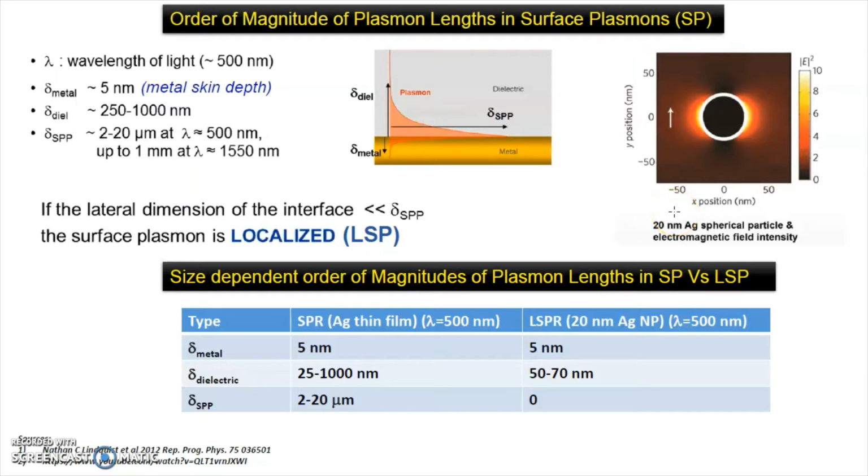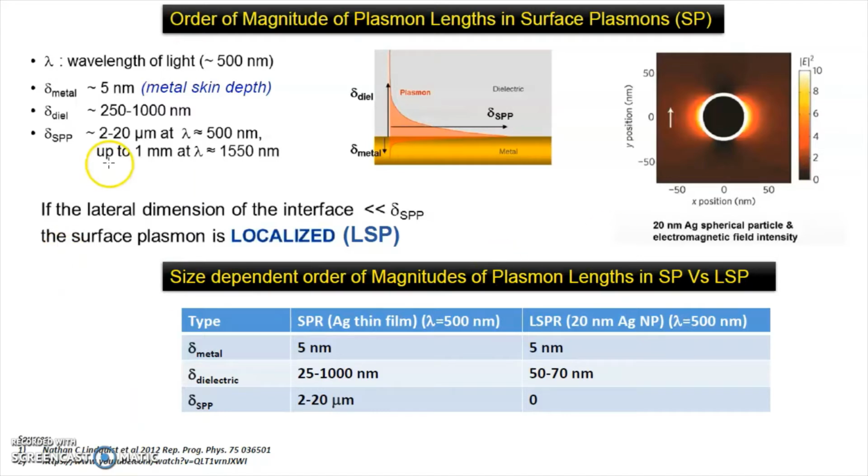So as you can see, all the electric fields generated because of the incident light are evanescent in nature, but depending upon their direction, the order of magnitude of the plasmon is different.